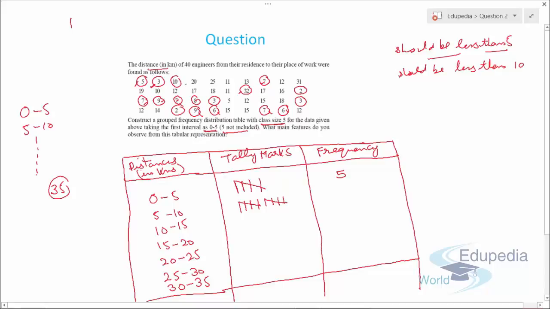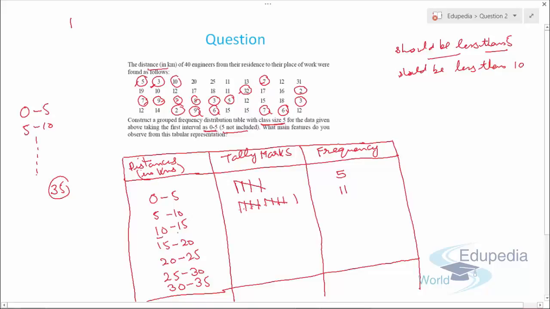Let's check it again, right. You need to verify each and every time, right. Now over here we have 5 also, so one value is left, it will come in this class. So we have one more value. How many are there now? 1, 2, 3, 4, 5, 6, 7, 8, 9, 10, 11, right. So we have frequency as 11, right.